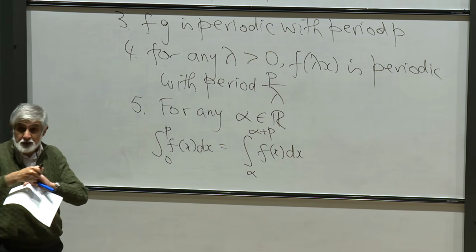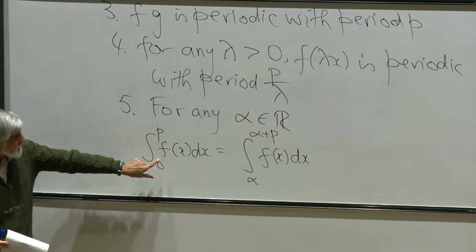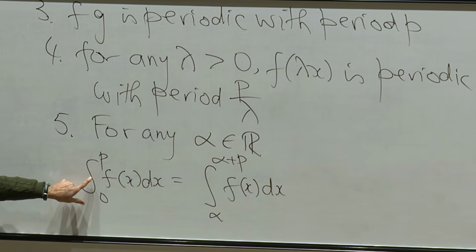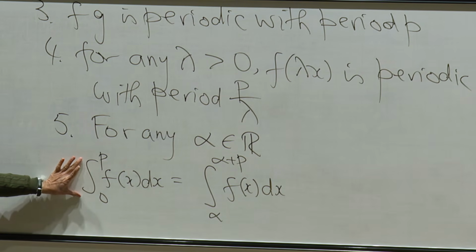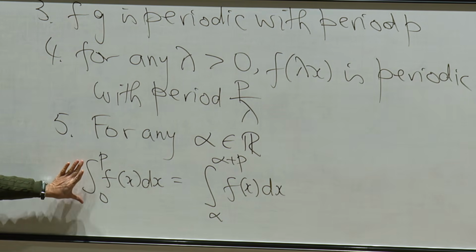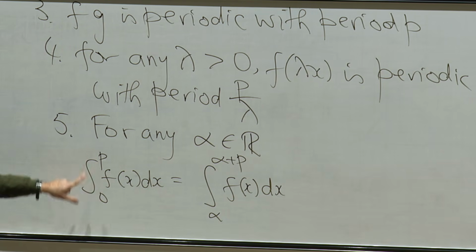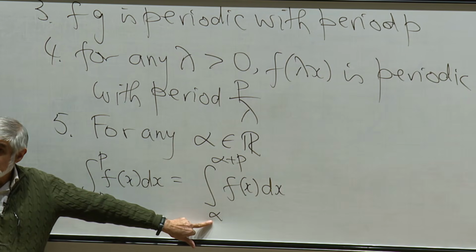Now intuitively that should be obvious, because if f of x is periodic with period p, then if you integrate it over a segment that's of length p, it shouldn't matter where you start.